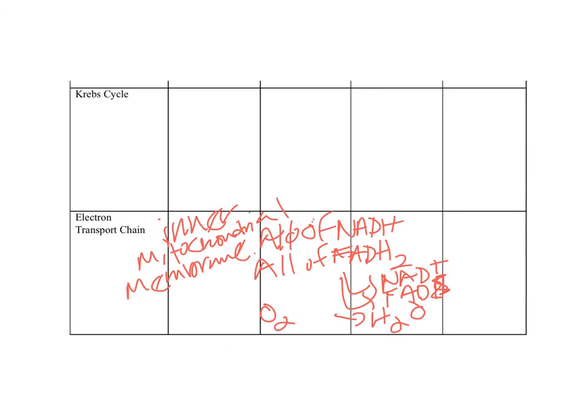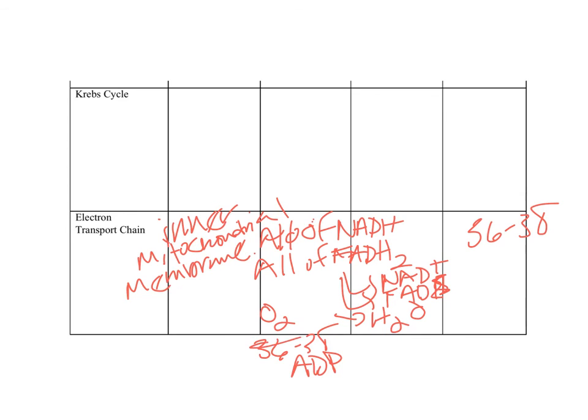Okay. And then finally, we're going to bring in ADP, and the total ATP is going to be 36 to 38 for the whole process.